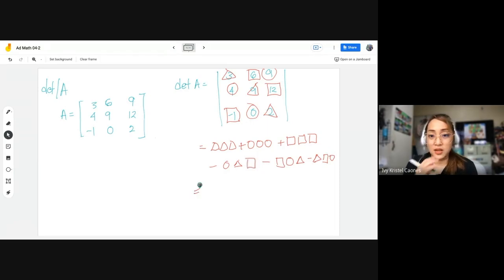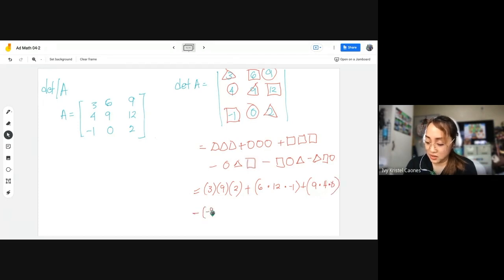Simply, that will be 3 times 9 times 2 plus 6 times 12 times negative 1 plus 9 times 4 times 0, minus 9 times 9 times negative 1, then minus 6 times 4 times 2, minus 3 times 12 times 0.